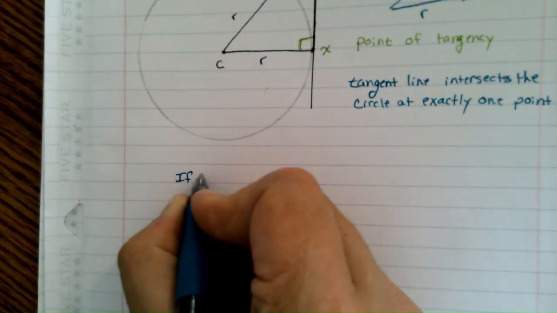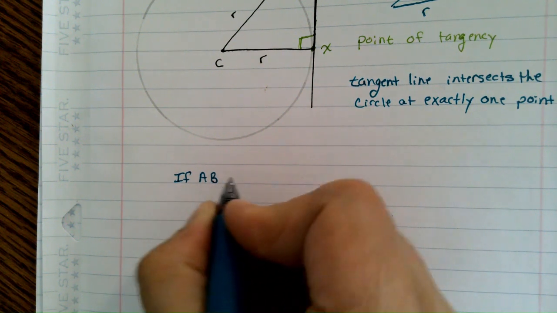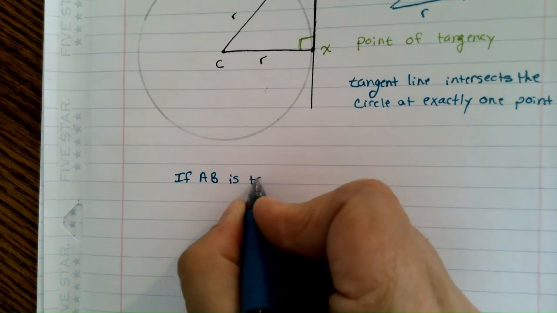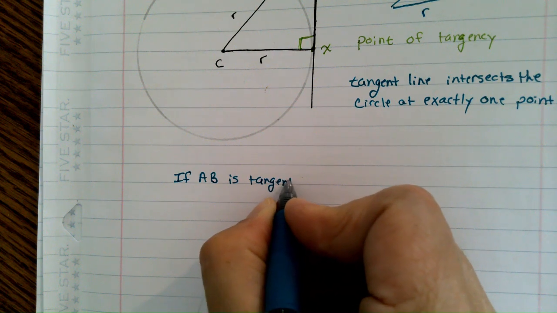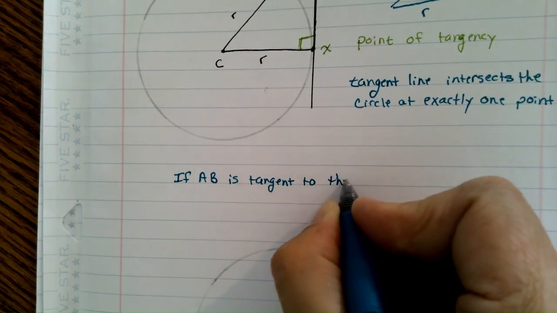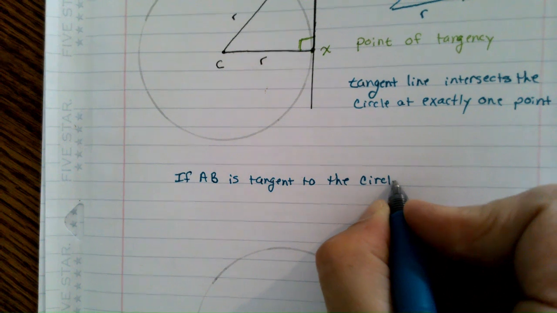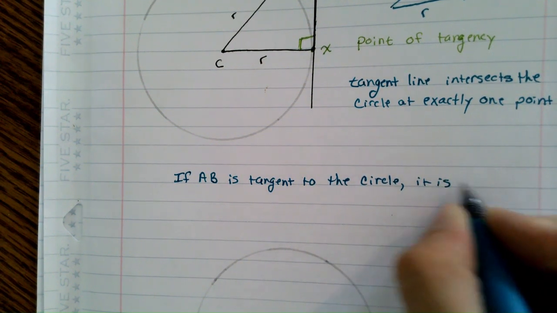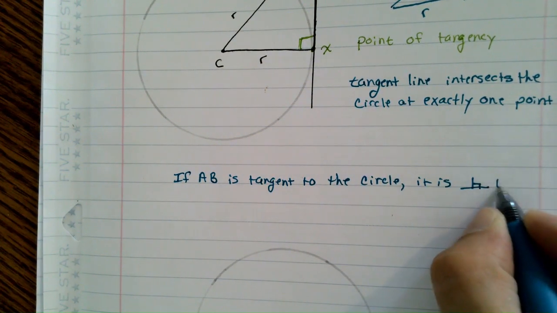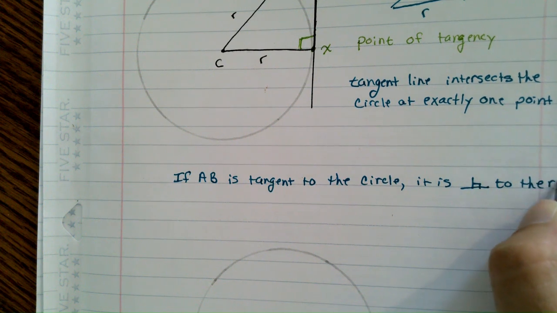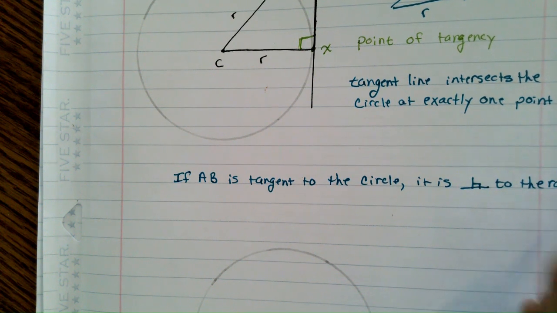So if AB is tangent to the circle, it is perpendicular to the radius. Whoa, ran off the page.